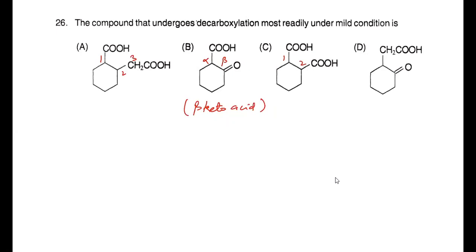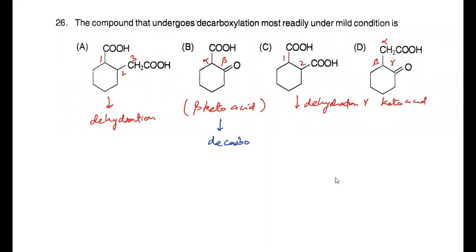And this is a carboxylic acid, this is alpha, beta, gamma, so this is a gamma keto acid. So no decarboxylation. In this case, dehydration will take place. In this case also dehydration will take place. And beta keto acid undergoes decarboxylation most readily. So for this question, your answer must be B.